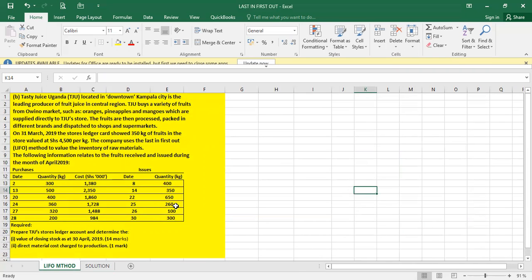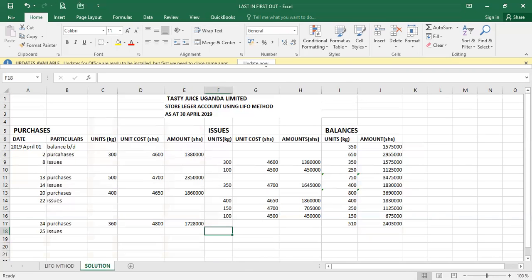We issued 260, meaning this 260 is supposed to be picked from the recent purchase, which we bought on the 24th. That is 360. Yes, it is there. So we can just take out the 4. It is valued at 4,800. Then get the total cost. It will be this times this.